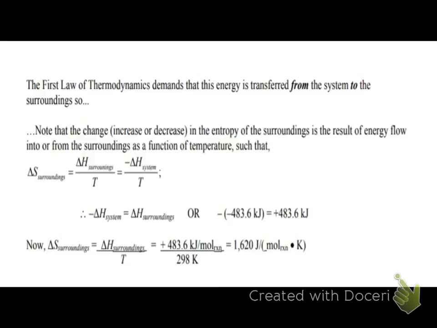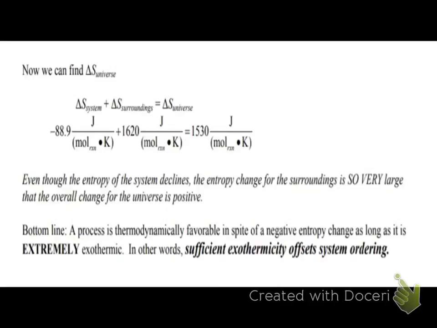So then if you have those values, the delta S of the universe would still be positive, because the surroundings is much more positive than the system. Fun stuff. Now we can find the delta S for, I get ahead of myself sometimes, I'm sorry. That's what they're doing there. So now you can find delta S for the universe and it's positive.